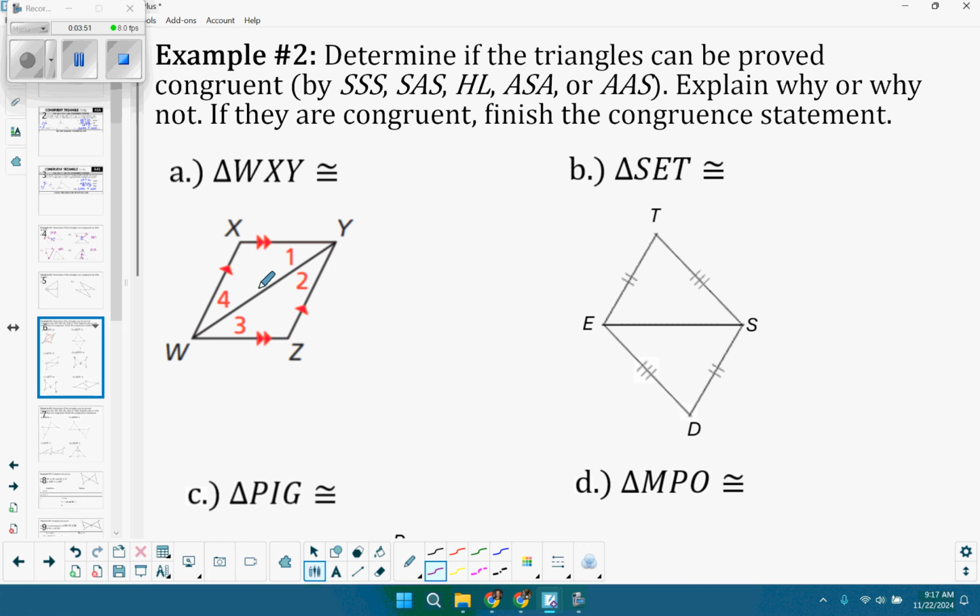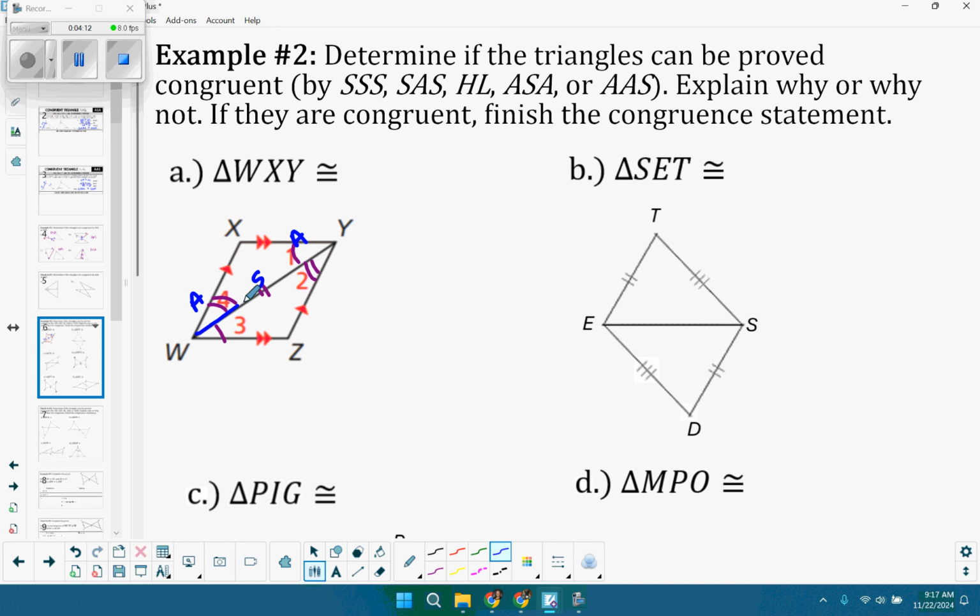So in choice A, I know I can mark a reflexive side, and I have 2 different sets of parallel lines. So I could say angle 1 and angle 3 are congruent by alternate interior. Angle 4 and angle 2 are congruent by alternate interior. So now this is an angle, this is an angle, this dash is a side.